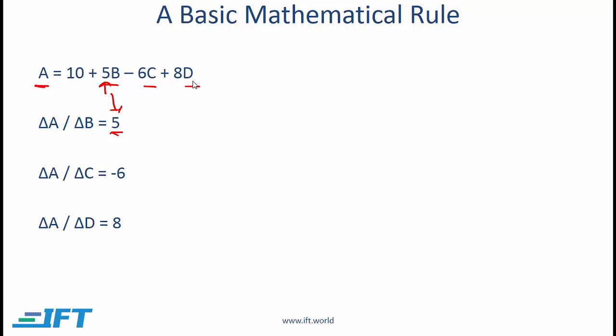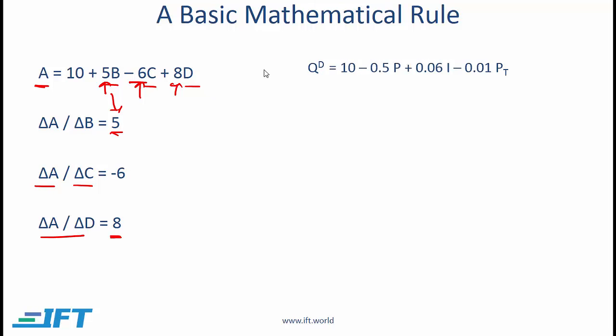So if C and D are held constant, then change in A over change in B is 5. Now what if B and D are held constant and we want to find delta A over delta C? That is simply the coefficient of C. So the coefficient of C is minus 6. And similarly, delta A over delta D is equal to 8, which is the coefficient of D.